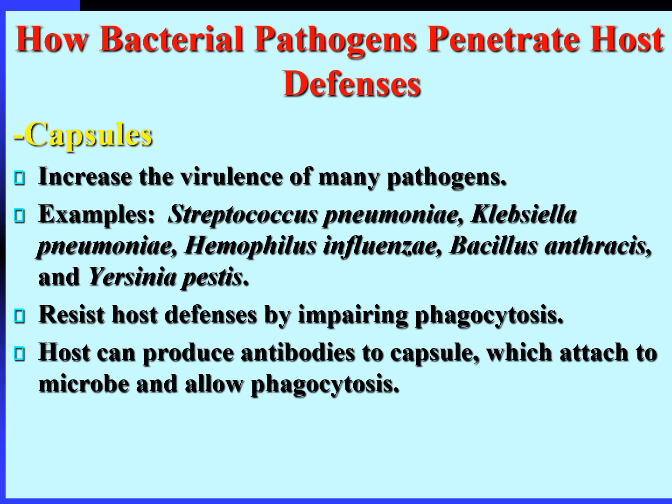If the bacteria is capsulated, it increases the virulence of many pathogens. Example: Streptococcus pneumoniae تعتبر capsulated bacteria, Klebsiella pneumoniae أيضا, Haemophilus influenzae, Bacillus anthracis and Yersinia pestis. كل ما كانت البكتيريا capsulated يعني virulence of the bacteria يكون أكثر.